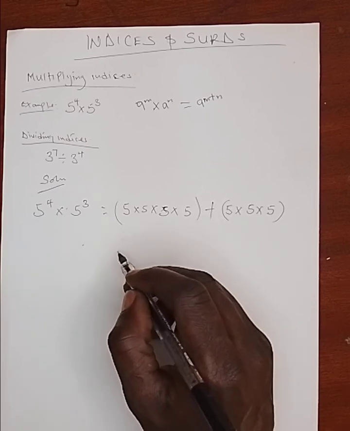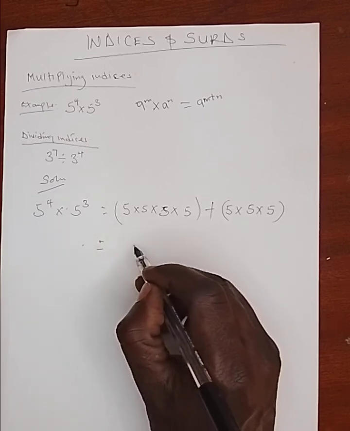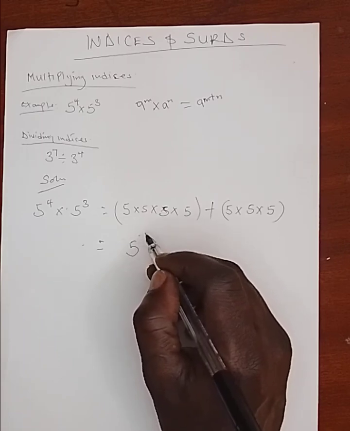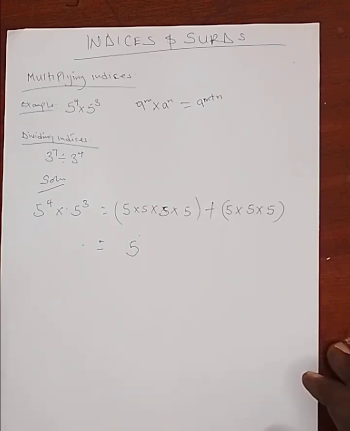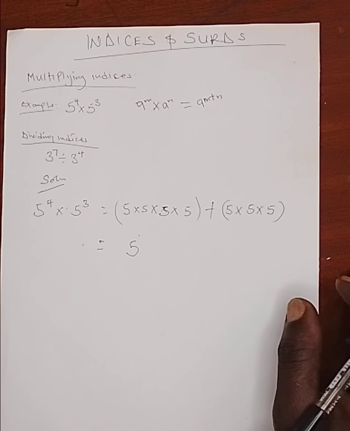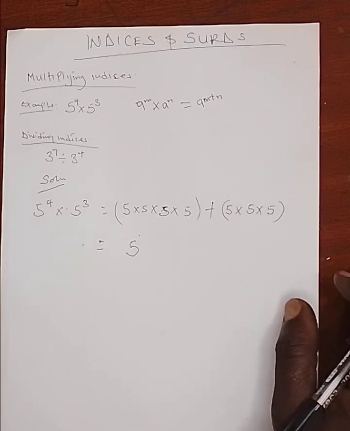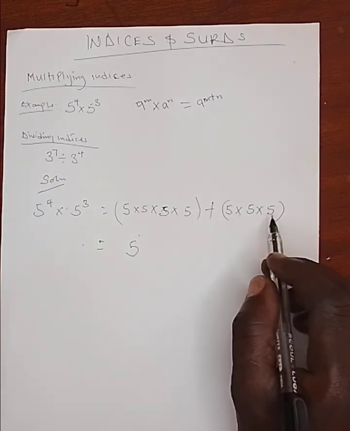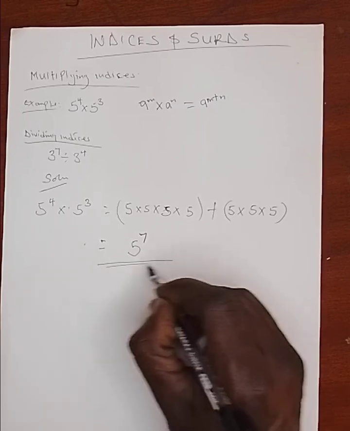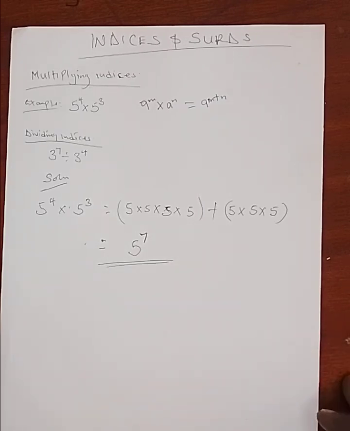So our final answer will now come to 5 power 7. That is your answer when you're dealing with the multiplication of indices.